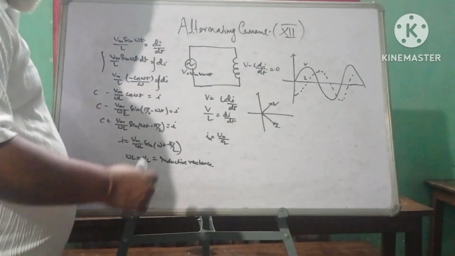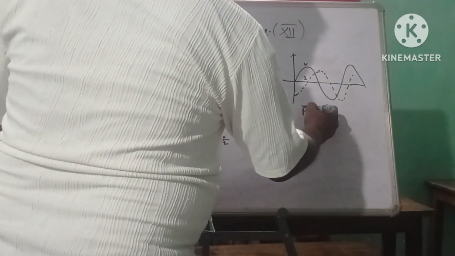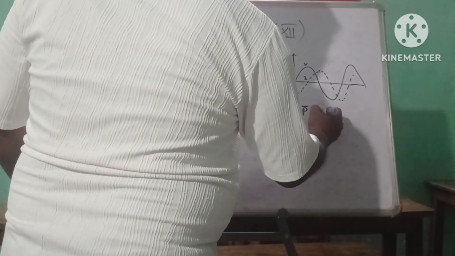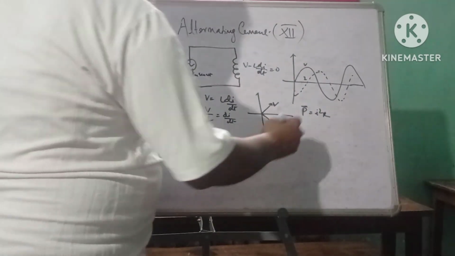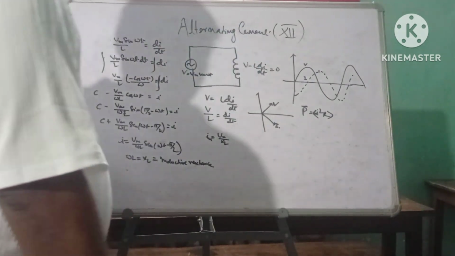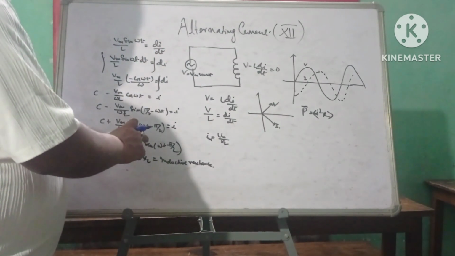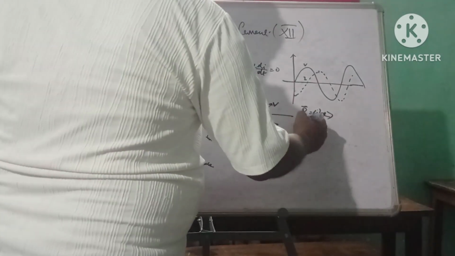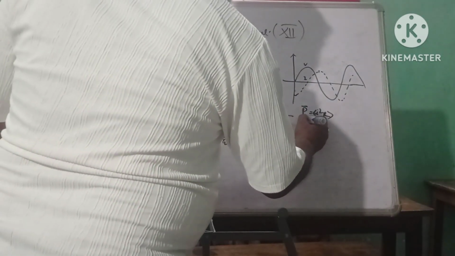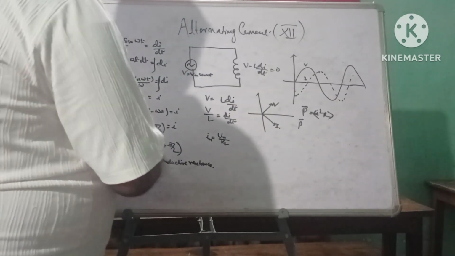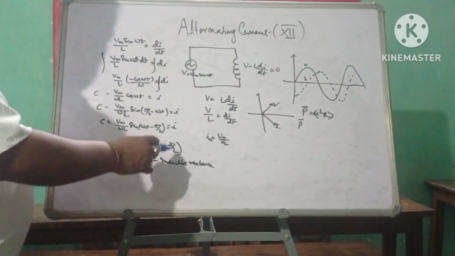Now again, the average power is I square R. Here I is Im sine omega t minus pi by 2.